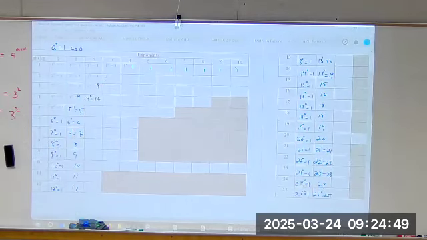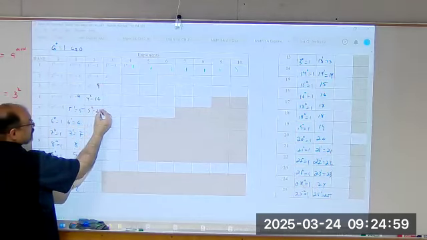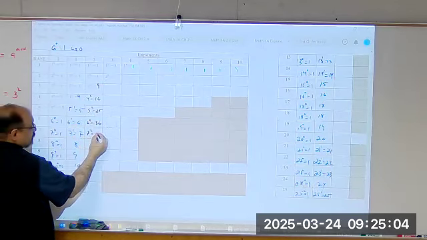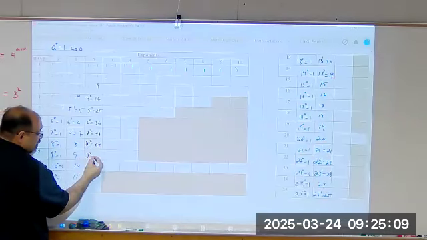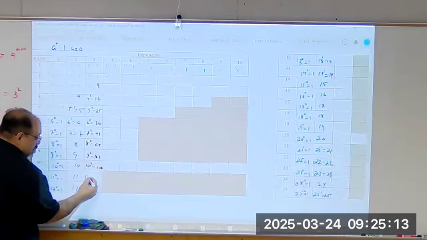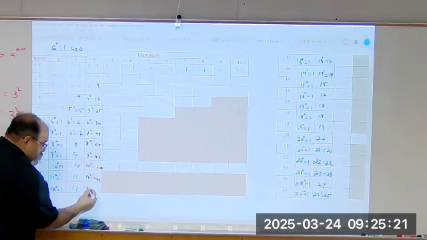I saw that on a lot of exams, where 4 to the second was an 8. 5 to the second is 25. 6 squared is 36. 7 to the second is 49. 8 squared is 64. 9 to the second is 81. 10 to the second is 100. 11 to the second is 121. 12 to the second is 144.